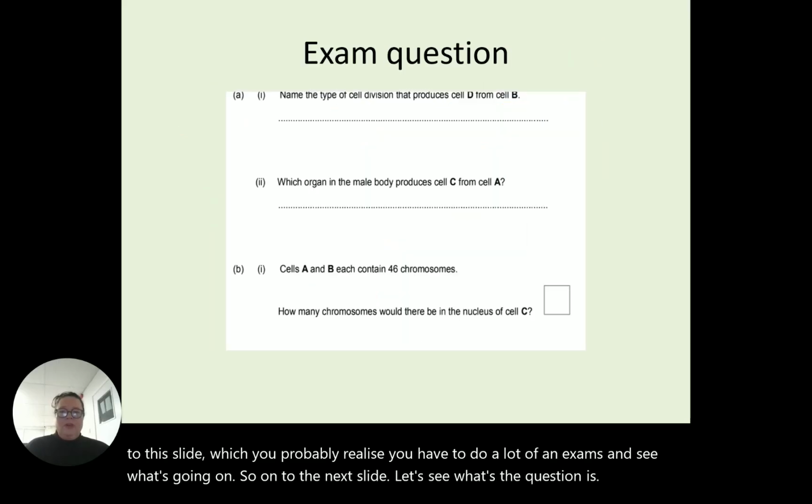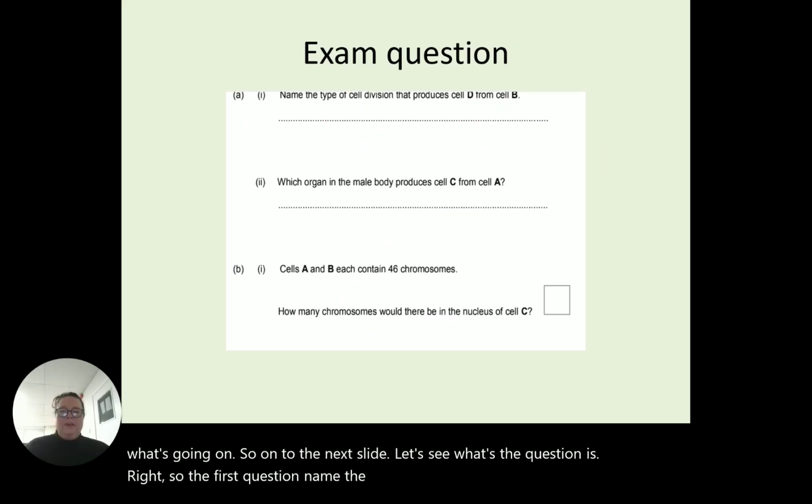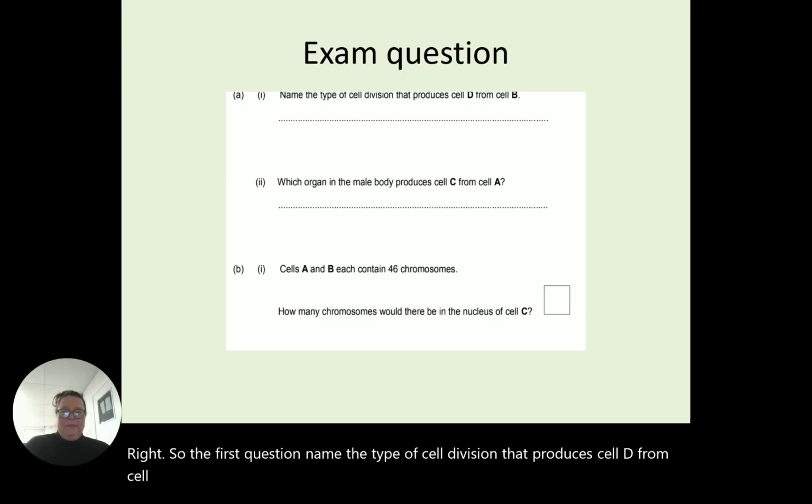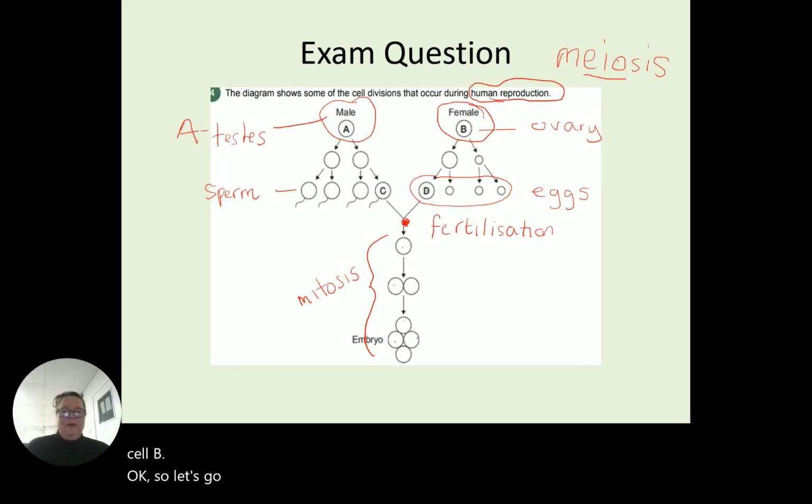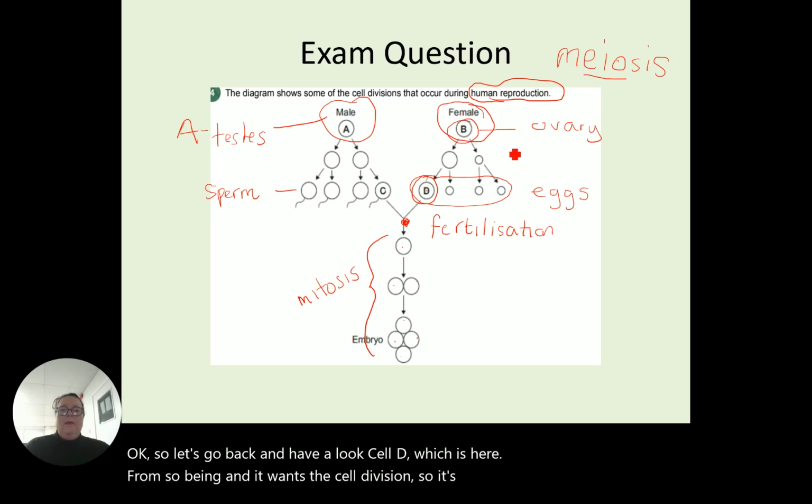Right, so the first question, name the type of cell division that produces cell D from cell B. Okay, so let's go back and have a look. Cell D, which is here, from cell B, and it wants the cell division, so it's either going to be meiosis or mitosis. Do you know?